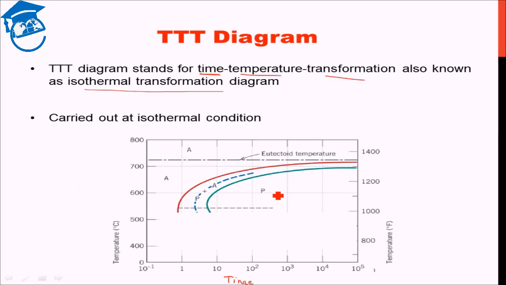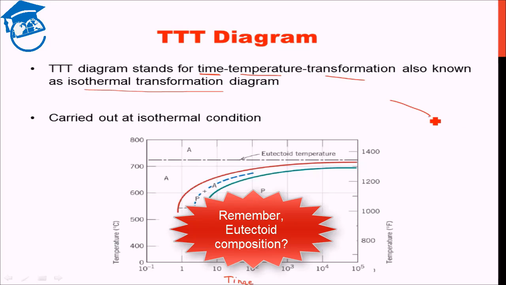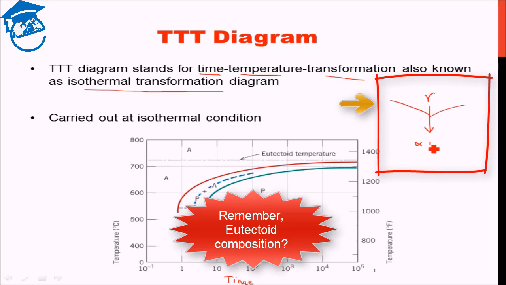Now let us consider the eutectoid composition itself. Just to remind you, what was the eutectoid composition? It was gamma transforming into ferrite plus cementite at 727 degrees Celsius, and this composition was 0.76% carbon, right? This was the eutectoid transformation, and this was the phase diagram representation of it.